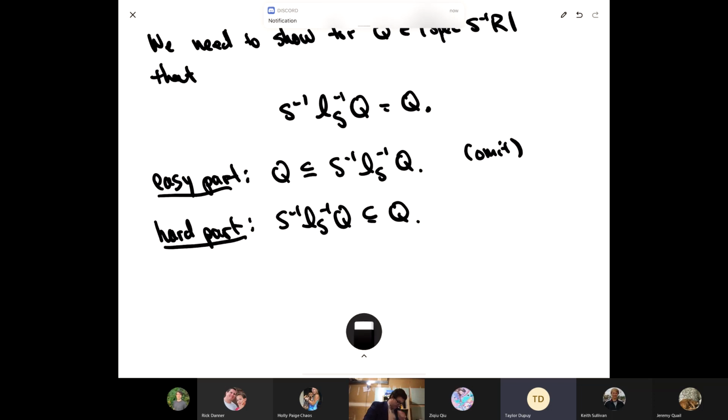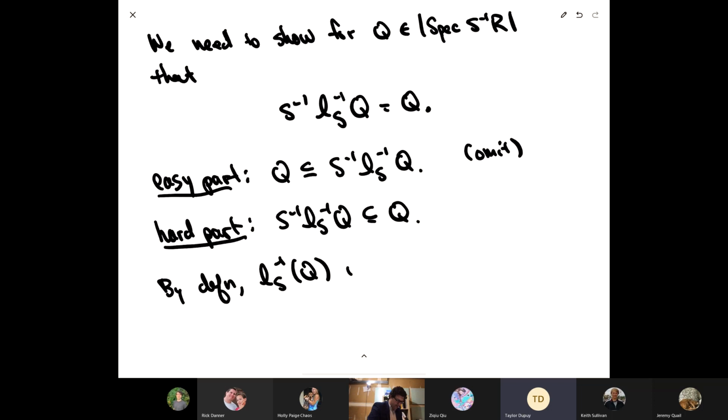So by definition, L of S inverse of Q is the kernel of the map. And here's what we can do.